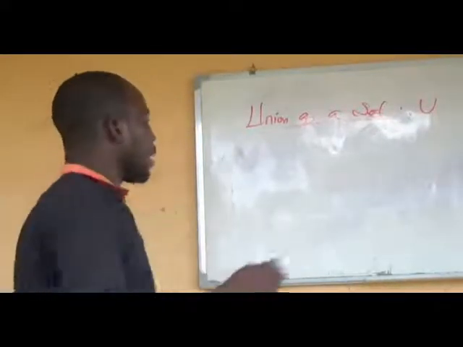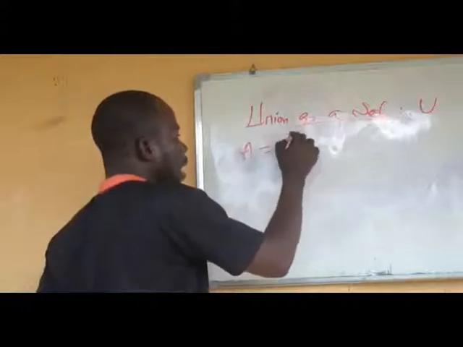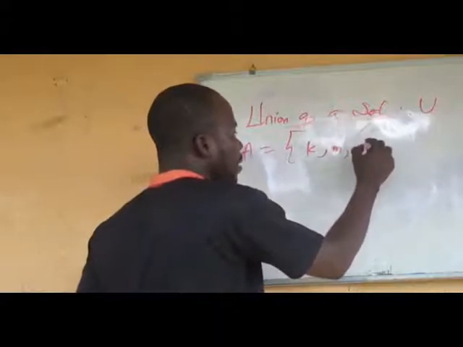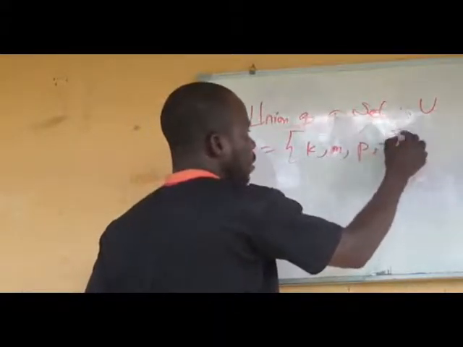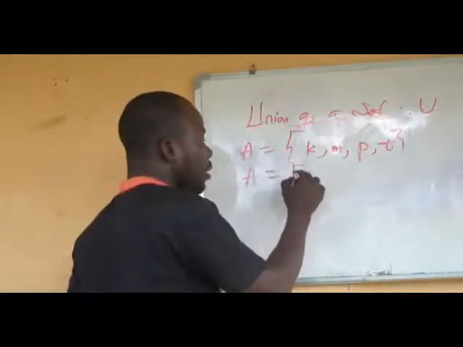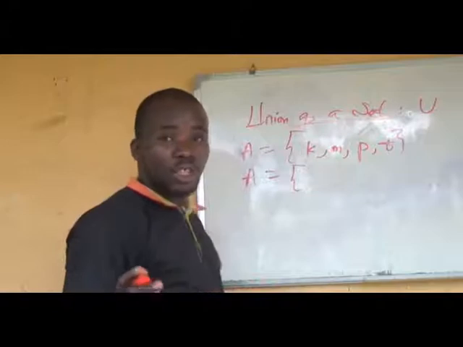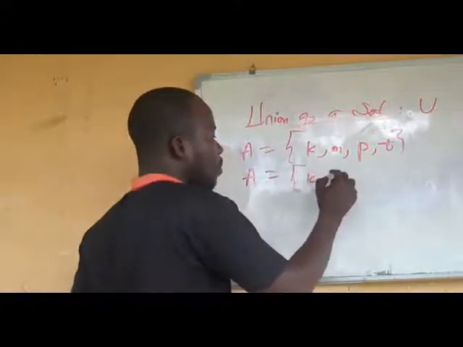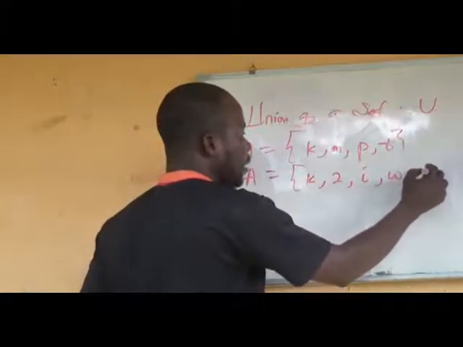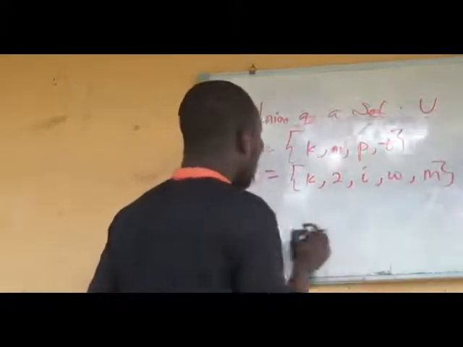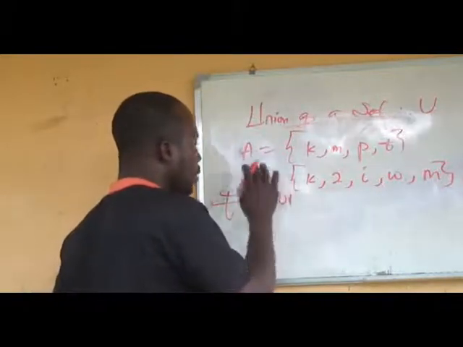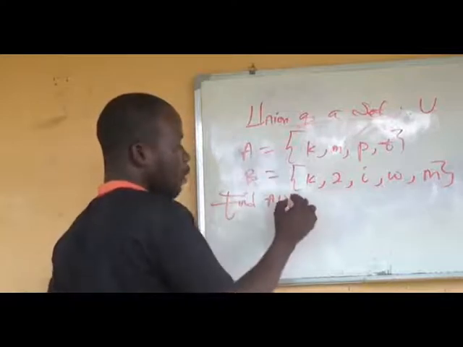If you are given A, and these are the elements of set A: K, M, P, C, and the elements of the second association have the following identification numbers: K, 2, I, W, let's say M. And you are to find A union B. This is B.